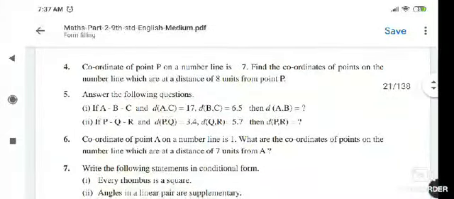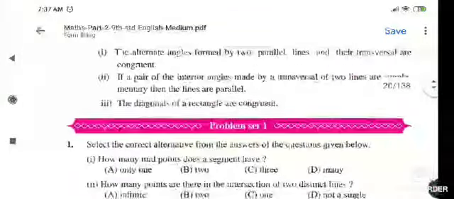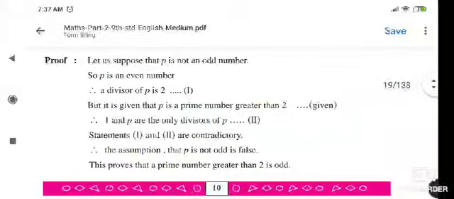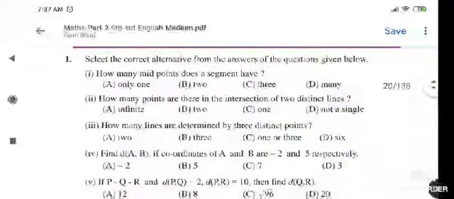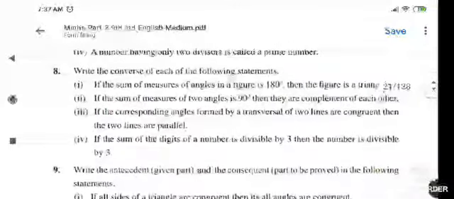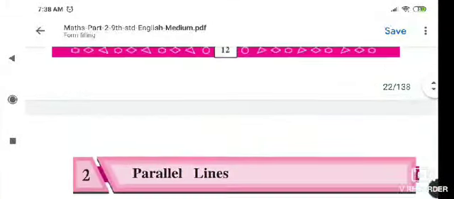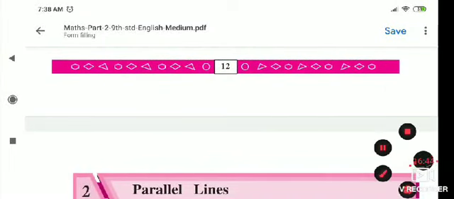I took all the revision because next year it will be useful for you, but this year some part may be cut, and I will send you that. So do the study for the unit test, and thank you.